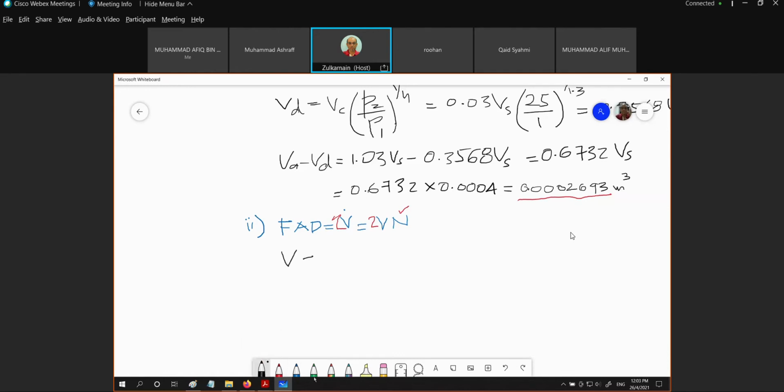The V is equal to VA minus VD multiplied by T and P over T0 and P0. Remember that I told you just now, the volumetric efficiency is equal to V divided by Vs. So this is the V part, which is equal to VA minus VD.